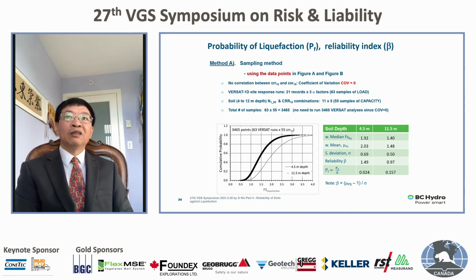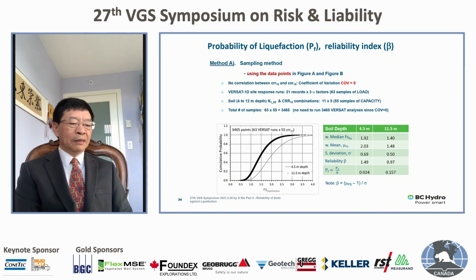And then you plot all the 3,465 points into this fragility curve for liquefaction factor of safety, that is the goal in order to get the probability of failure using method A by sampling, which is shown in the table.